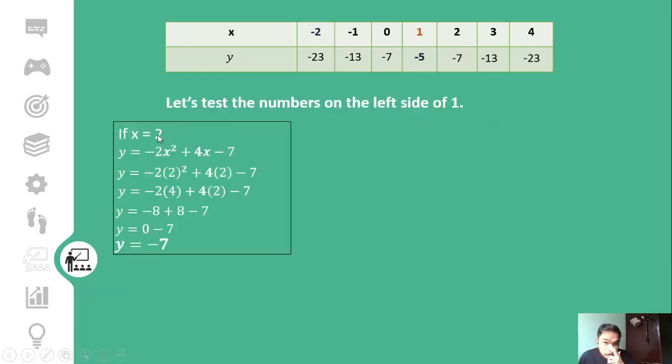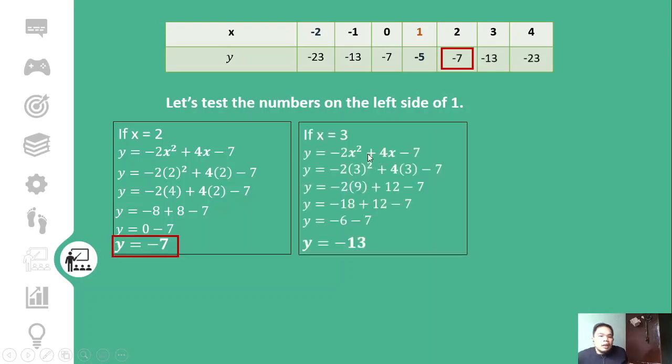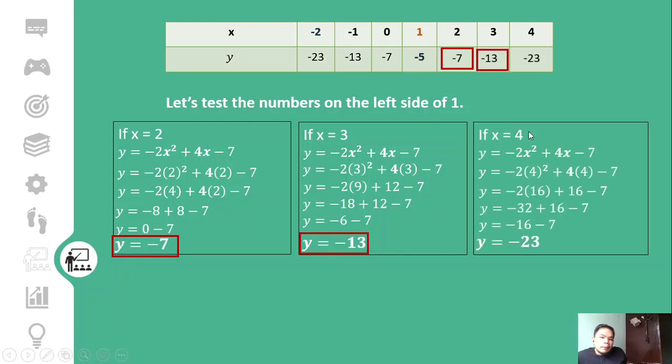So, kapag sinubstitute natin si 2, yung magiging y natin ay equals sa -7. Okay? Then, kapag sinubstitute naman natin yung +3, yung y natin is magiging equal sa -13. Then, kapag sinubstitute naman natin yung 4, yung magiging y natin ay equal sa -23.